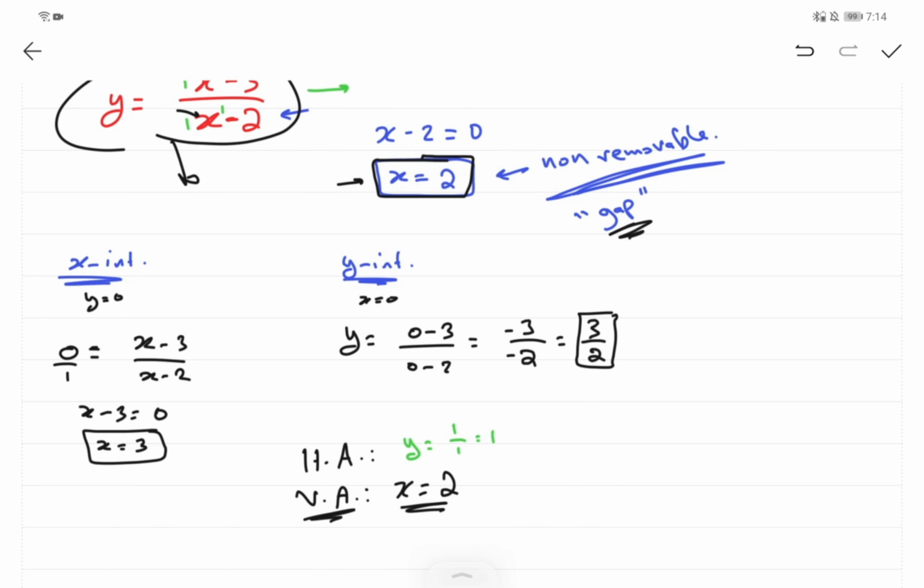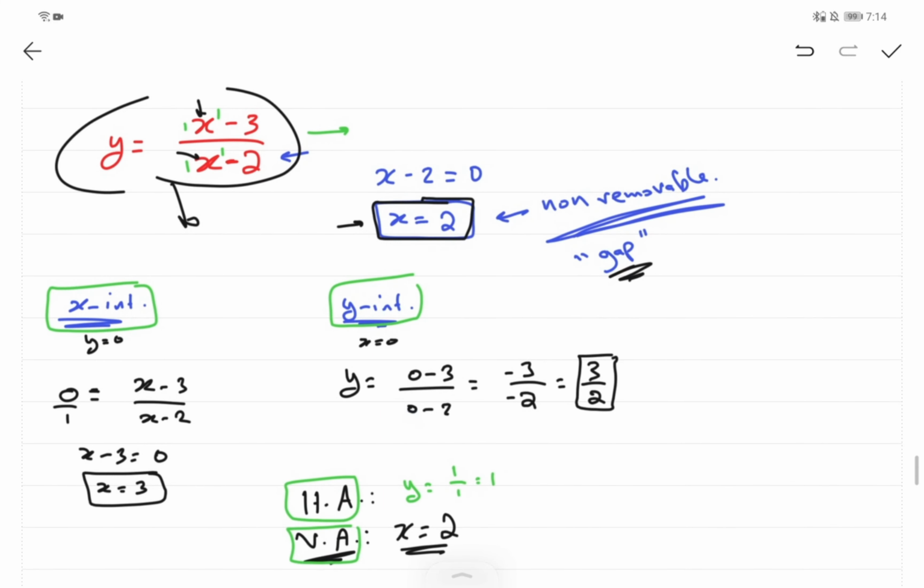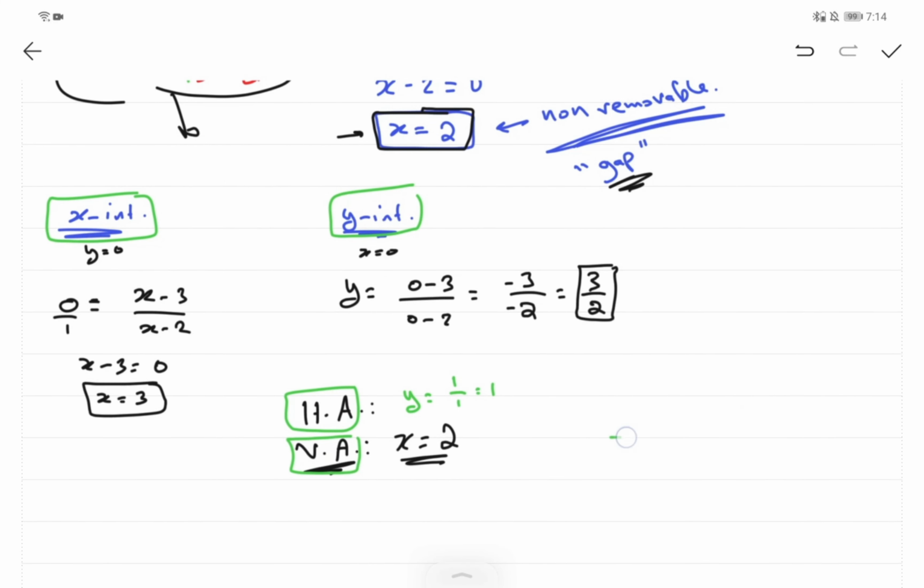Now again we've got the x-intercept, y-intercept, the horizontal asymptote, and the vertical asymptote. Now we can graph it. So please concentrate. Let's graph this function y equals x minus 3 over x minus 2. Again, make the x-axis and the y-axis, and let's sketch it.